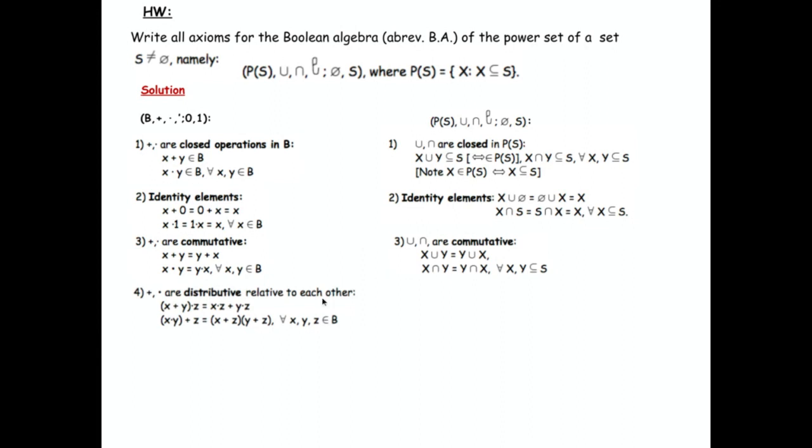Okay, now Professor, the distributive rule. Yes. Hi, Guy here. You seem to be distinguishing between the plus symbol and the union symbol, and the dot symbol and the intersection, when I think they're the same. Is that right? Absolutely, yes, they are the same, and that's why we can translate it.